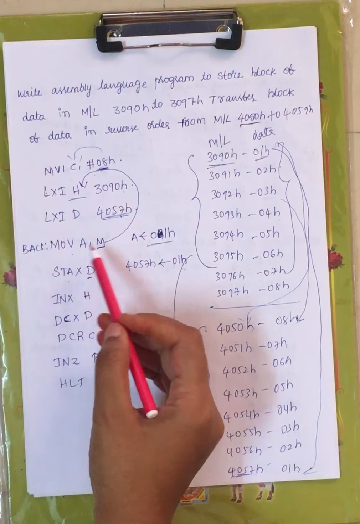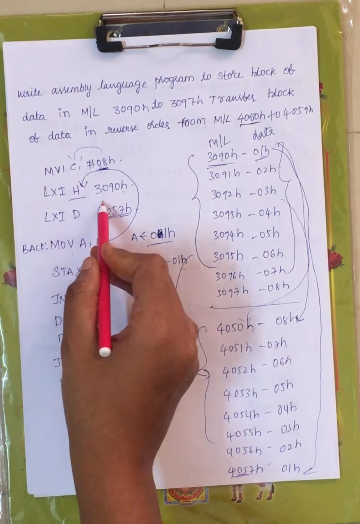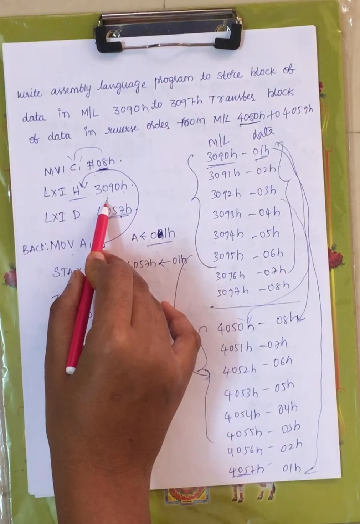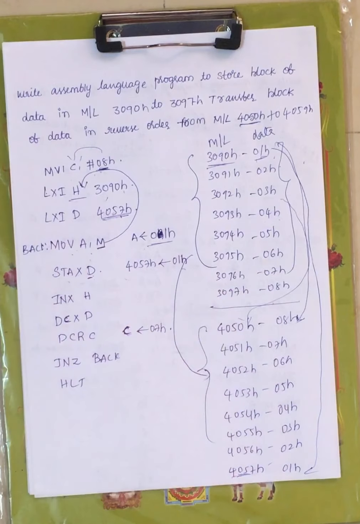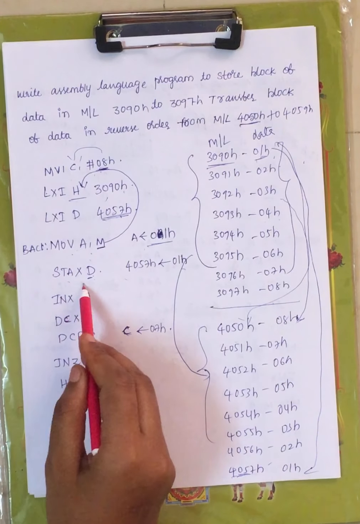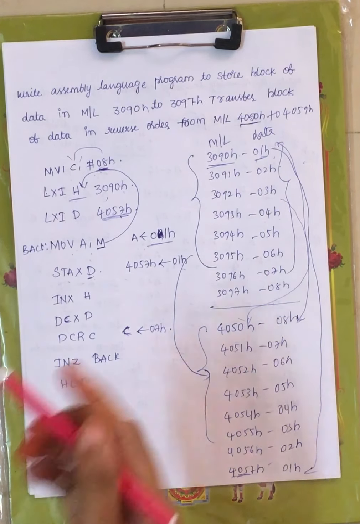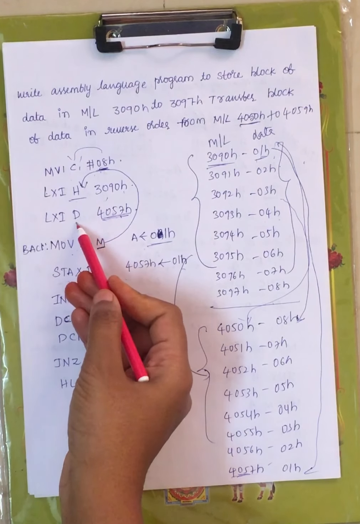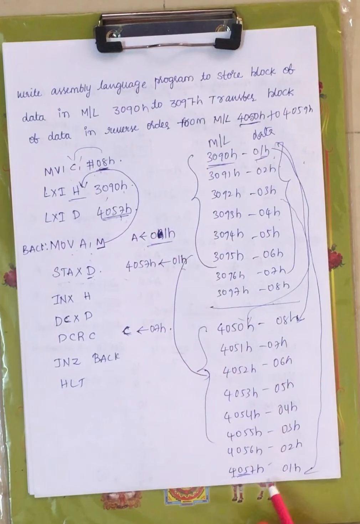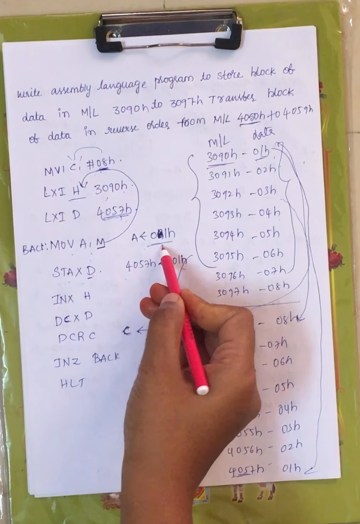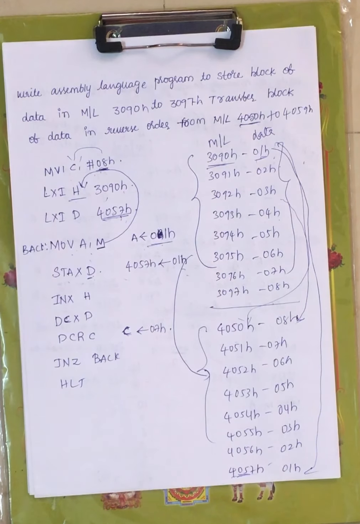Move A comma M. Now what is the HL register pair memory location? 3090H. This is storing data 01H, that has to be moved to A register. Next, store accumulator contents to the location pointed by D register. Now what is D register? It is pointing 4057H. To that we are storing the accumulator contents, that is 01H, right?